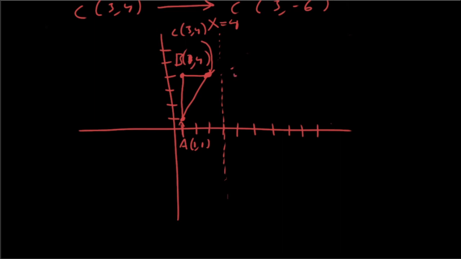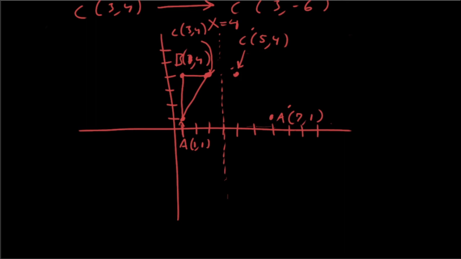So C prime is going to be 5, 4. For A, the distance is 3, so A prime is going to be 7, 1.